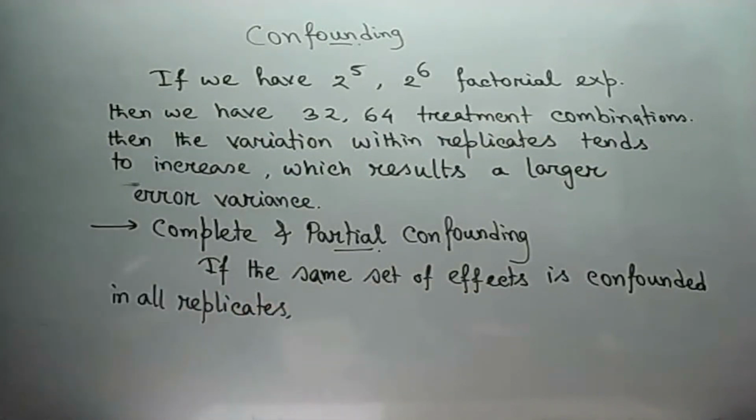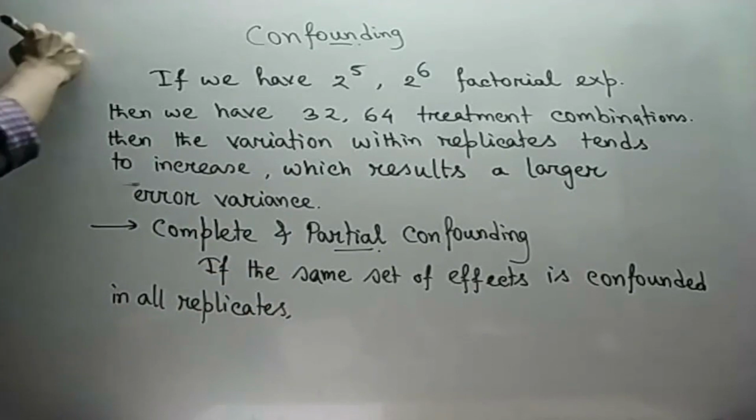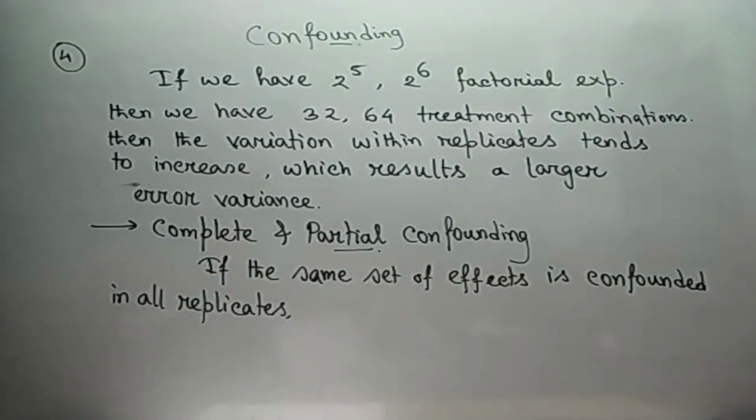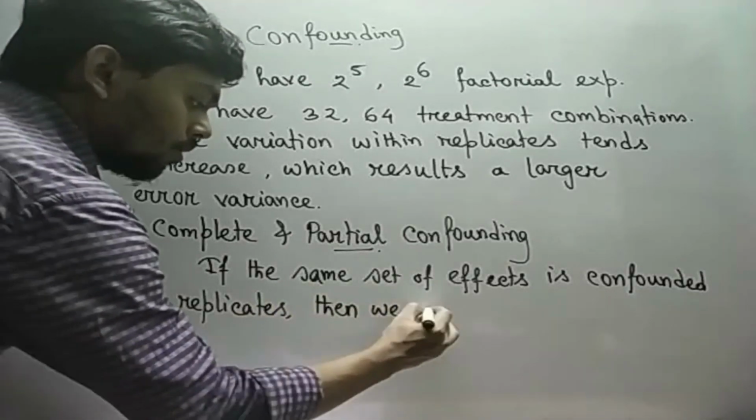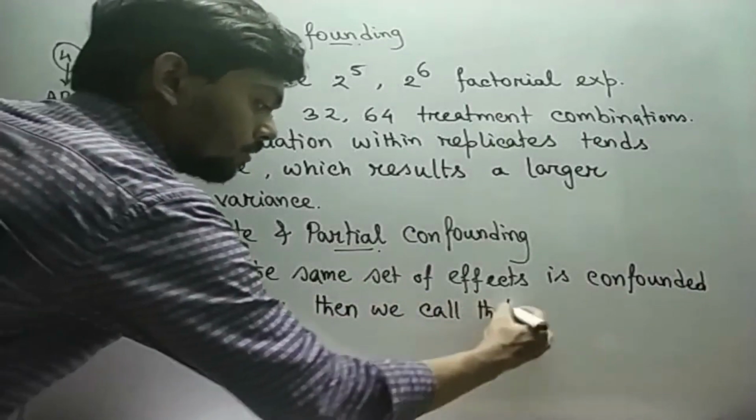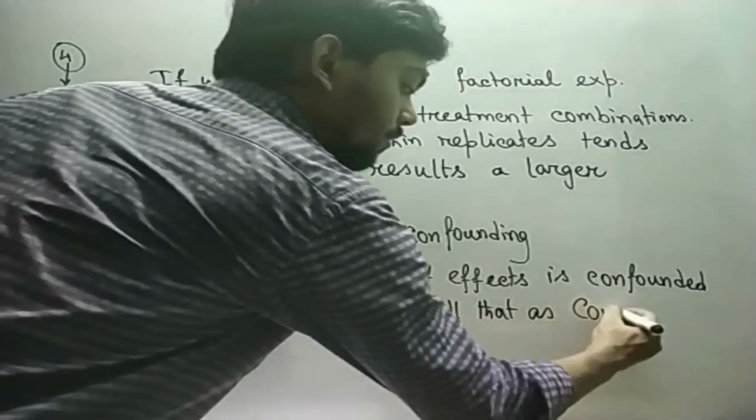Okay, so if we have let's say 4 or 5 replicates, and in each and every replicate let's say the effect AB is confounded, then we can say AB is confounded in each and every replicate. So that experiment will be a complete confounding. Then we call that complete confounding.